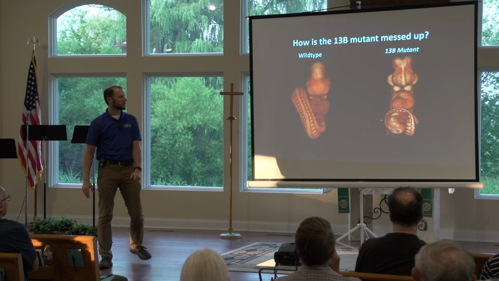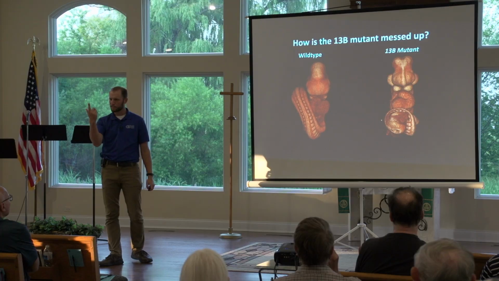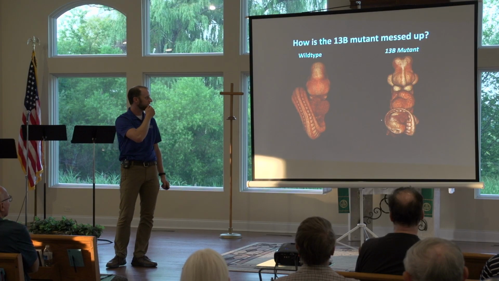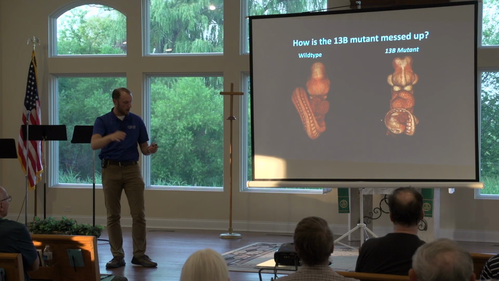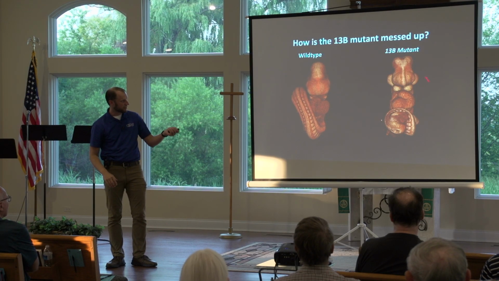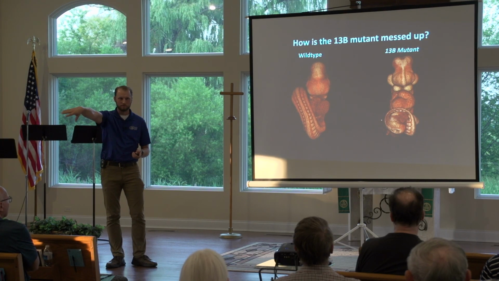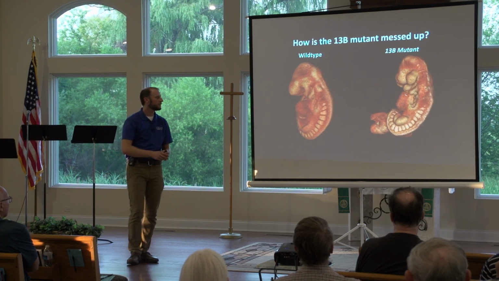So take a good look at 13B. I'm going to do the same thing. I'm going to rotate it around in this micro CT scan, and I want you to look for things that are wrong in the mutant, which is on the right side, compared to the wild type. And we'll take some answers from the audience.